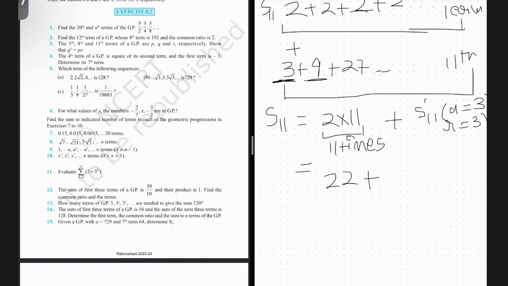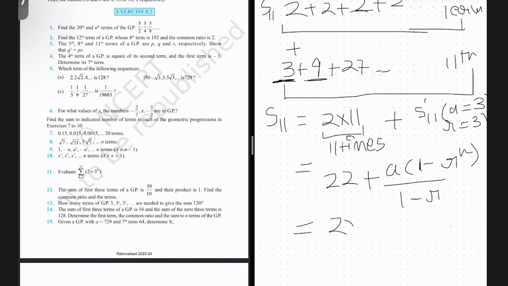And for the first 11 terms of the GP, with the first term as 3 and the common ratio also 3, you have A into 1 minus R raised to the power n upon 1 minus R. Now, because the common ratio is greater than 1, I'm going to reverse the sign in the numerator and denominator as well.